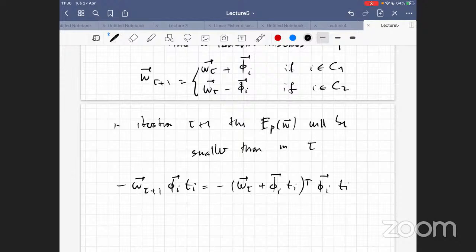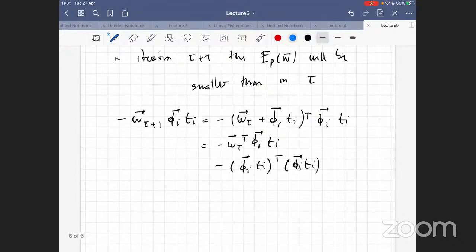I'm just replacing by gradient descent what it was, and just opening here the parentheses. t_n minus, let me put it downstairs here, minus phi_n transpose phi_n.